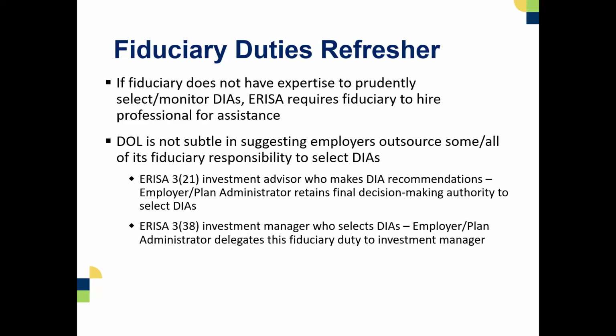The other thing, if you look at the preamble to the proposed rule, as well as the examples, the DOL is not very subtle when it comes to this fact. And the DOL is really pushing employers to outsource some or all of its fiduciary responsibility when it comes to selecting designated investment alternatives into plans.